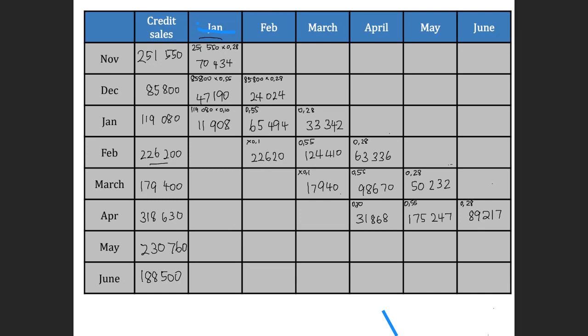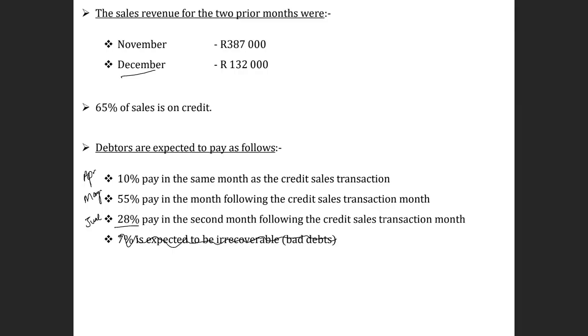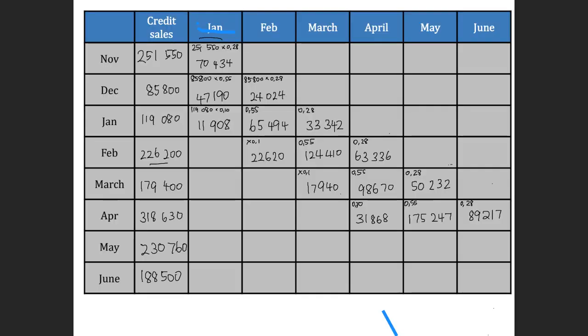Then for the month of May, there's only going to be 2 payments. So this would be the figure for May itself, the 10% in the same month, 55% the next month, which is June, 28% in July, but we don't have July in our schedule. So it's just going to be the 10% in May and the 55% in June.